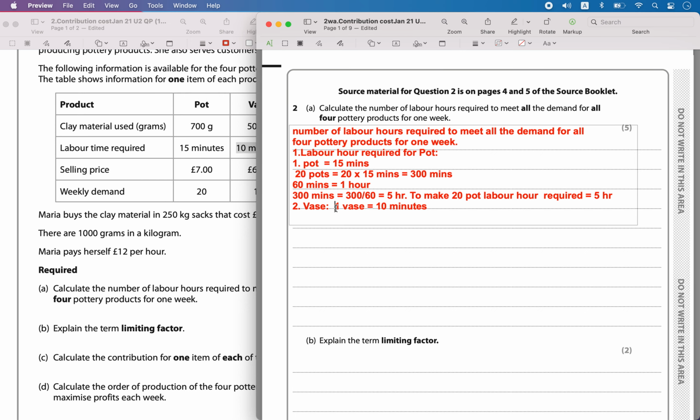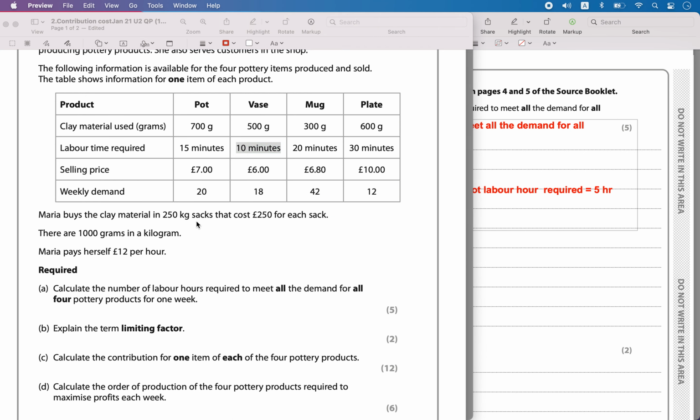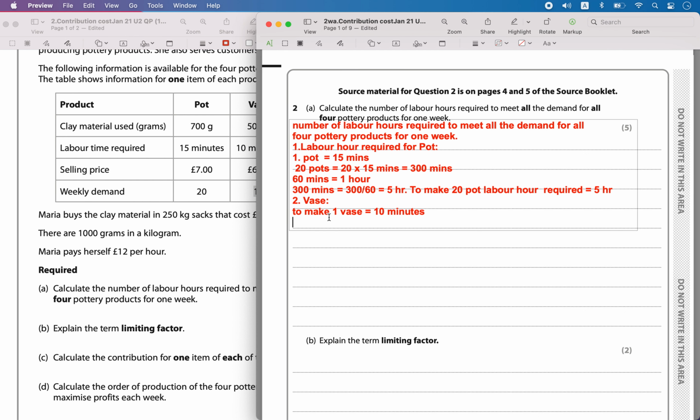To make 18 vases, she will require 18 into 10, which is equal to 180 minutes. I can convert it into hours by dividing by 60: 180 divided by 60 is equal to 3 hours.